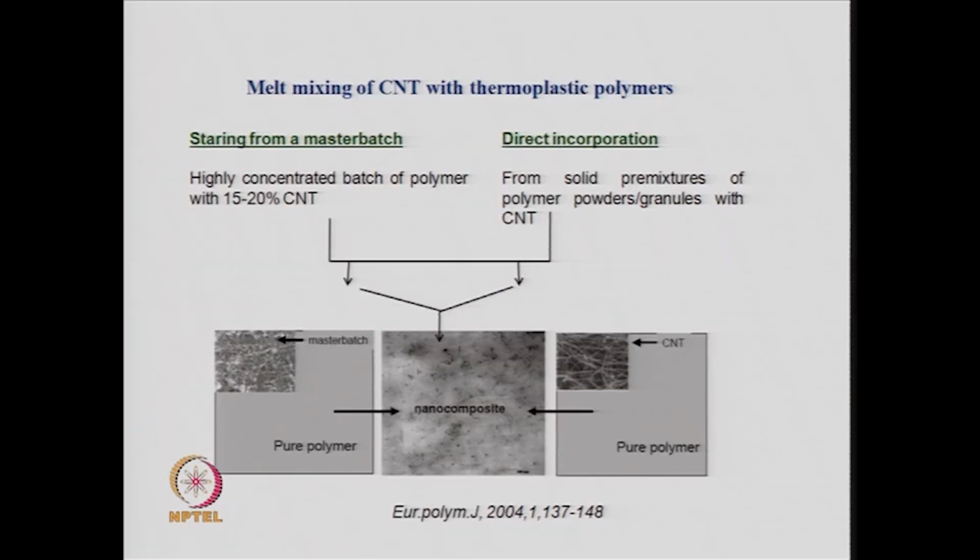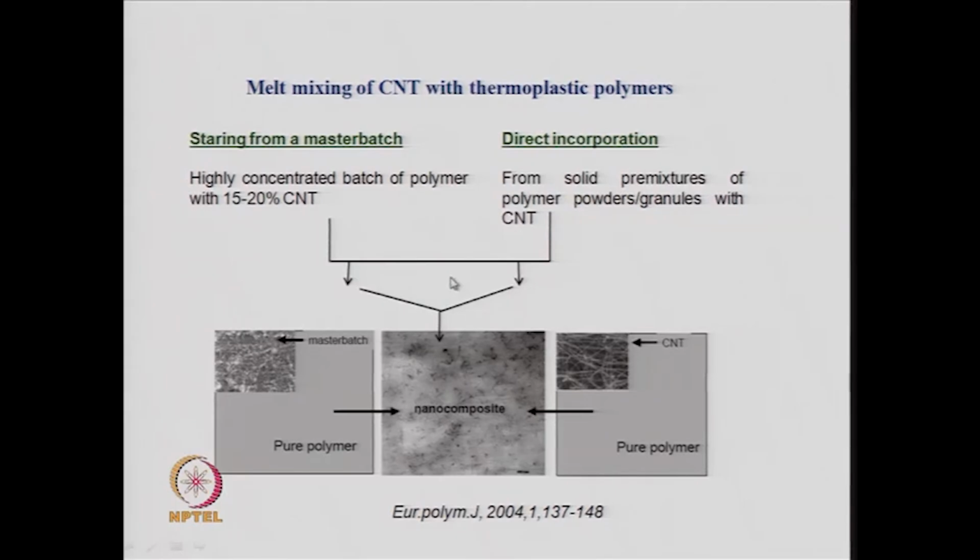So, this is an example of melt mixing of carbon nanotubes with thermoplastic polymers. You start from a master batch of a polymer, which is a highly concentrated polymer with 15 to 20% of carbon nanotubes, and you then directly incorporate from solid premixtures of polymer powders, nano granules with carbon nanotubes.